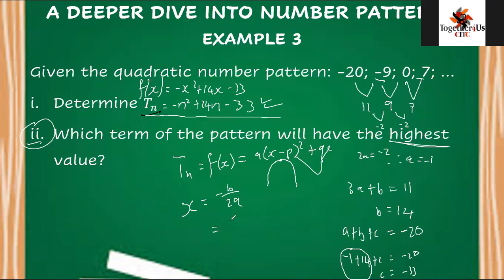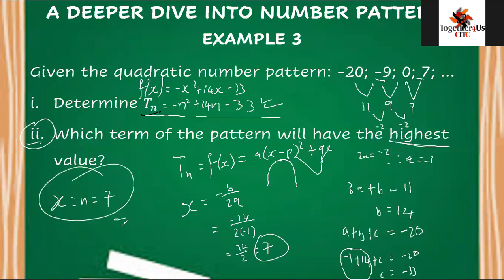What is our b in this case? 14. And a is -1. So we have 14 over 2, which is 7. So actually, term 7, this x value corresponds to the n value. x is the same as n here, and this is 7. So T7 should have the highest value.